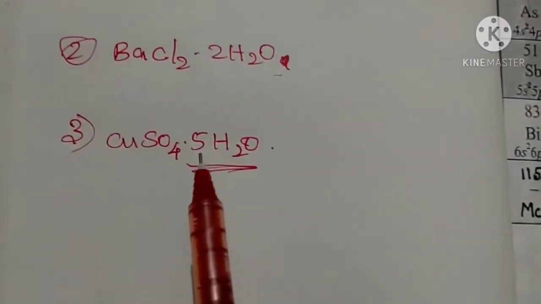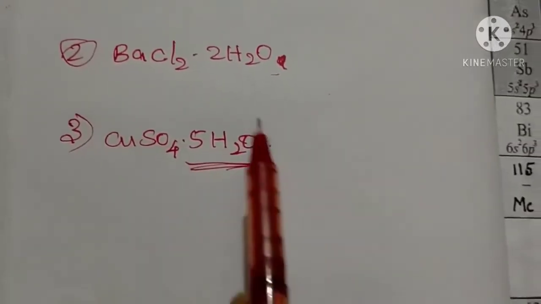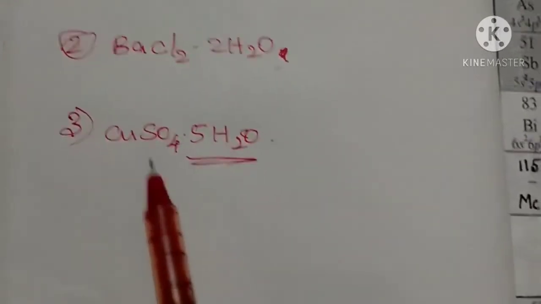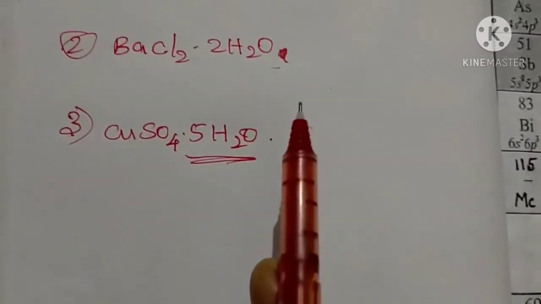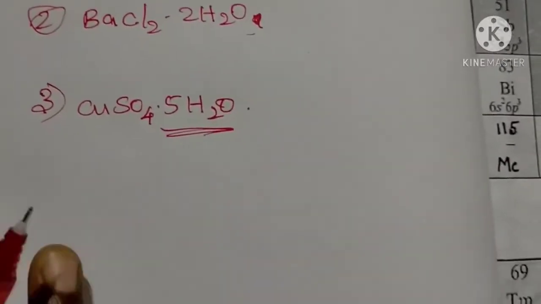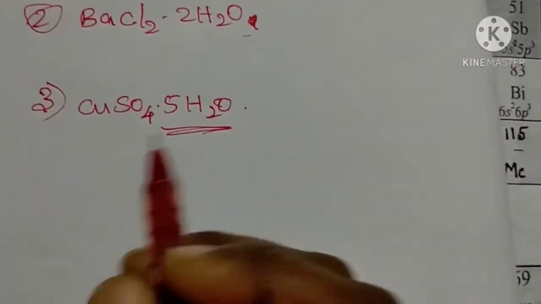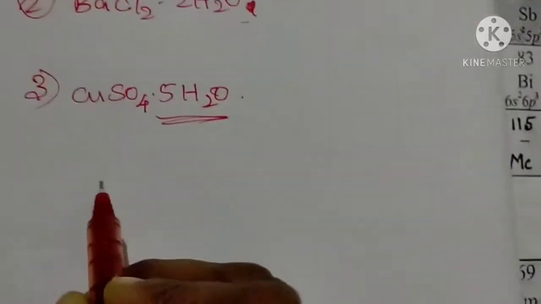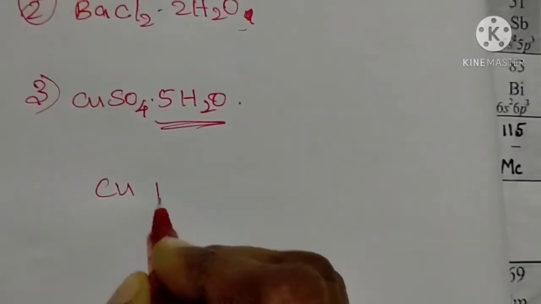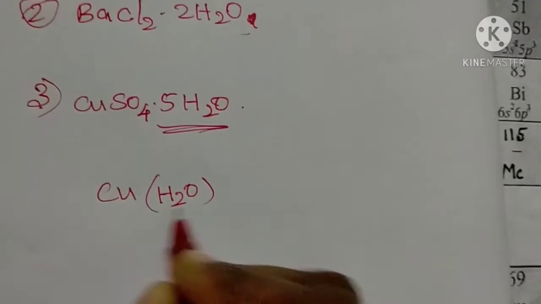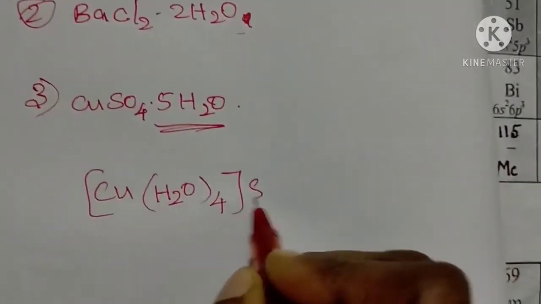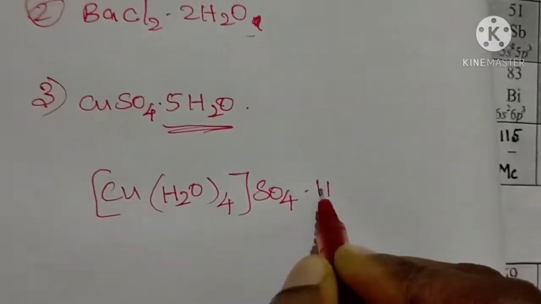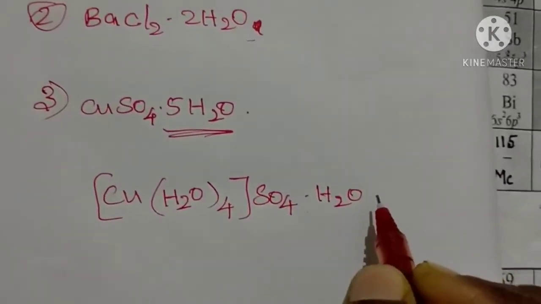That means the copper is not bonded with the fifth water molecule, which is outside the coordination bond. So it can form the hydrogen bond. The formula is [Cu(H2O)4]SO4·H2O.